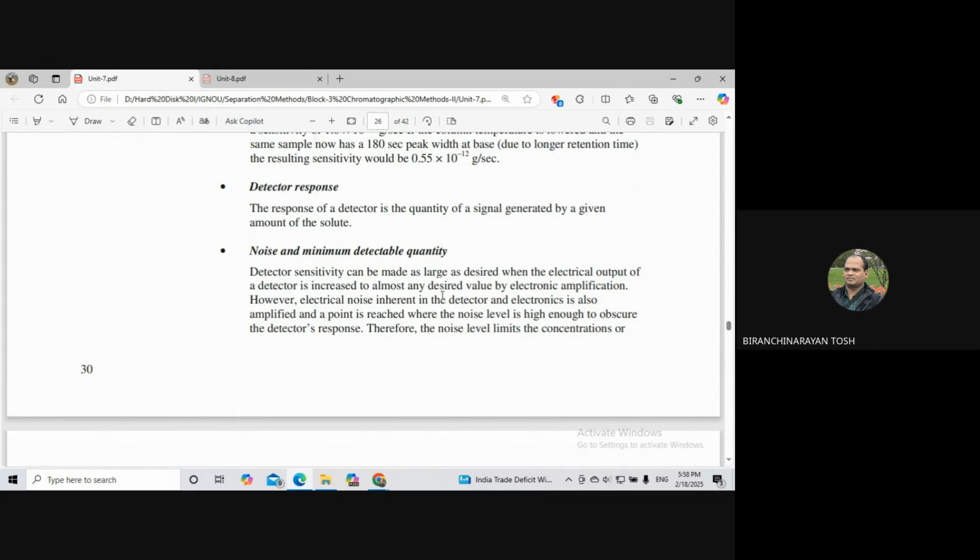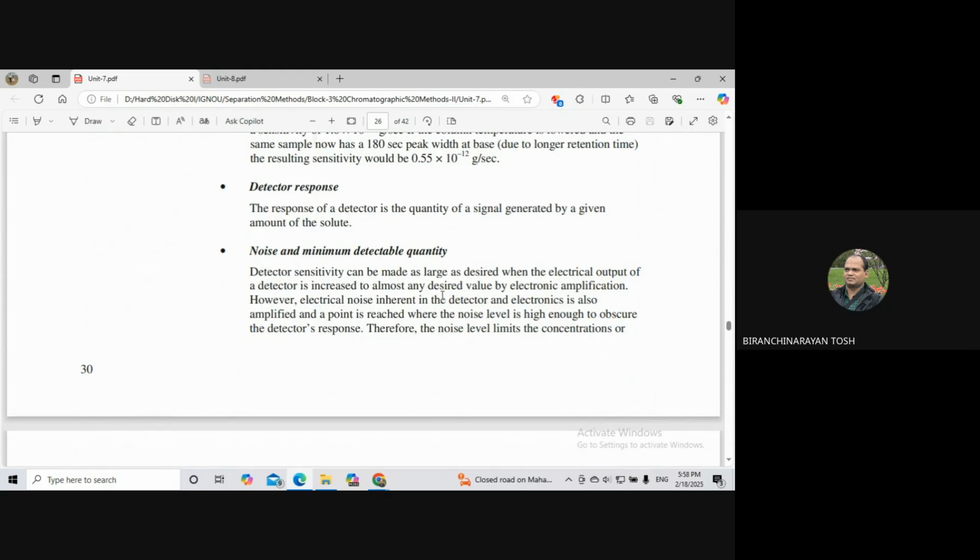Detector sensitivity can be made as large as desired when the electrical output of the detector is increased to almost any desired value by electronic amplification. However, electrical noise inherent in the detector and electronics is also amplified, and a point is reached where the noise level is high enough to obscure the detector's response.